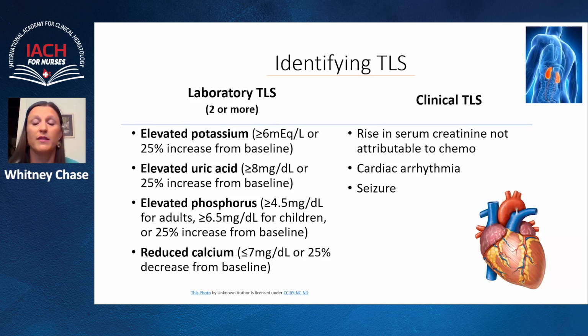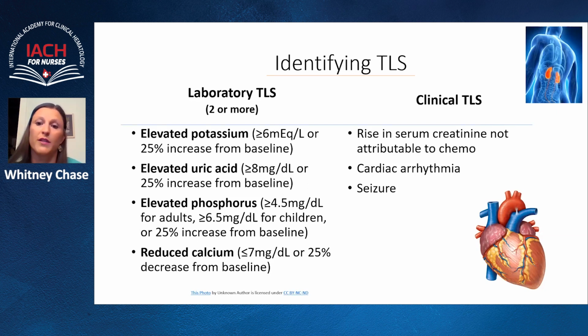So elevated potassium is typically the first abnormal electrolyte to appear. Uric acid becomes elevated as a result of nucleic acids being metabolized after that cell death has occurred, and those contents have been dumped into the bloodstream. Hyperphosphatemia can lead to formation of calcium phosphate complexes that can precipitate out into the tissues, notably the renal tubules.